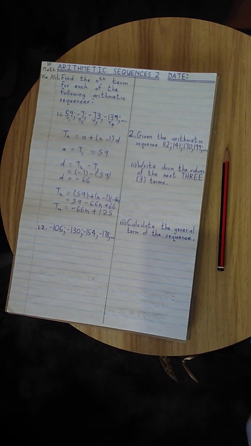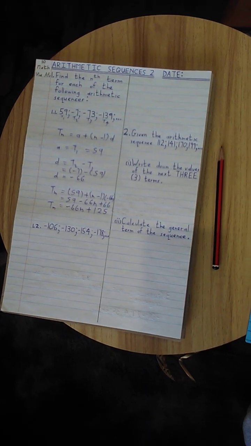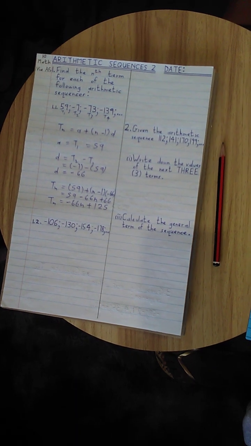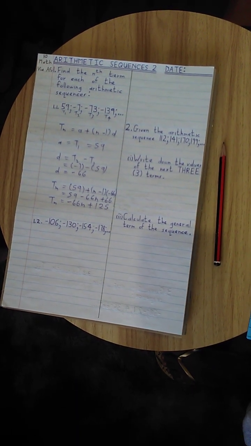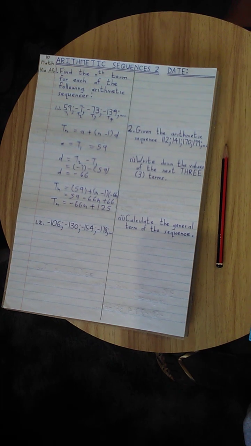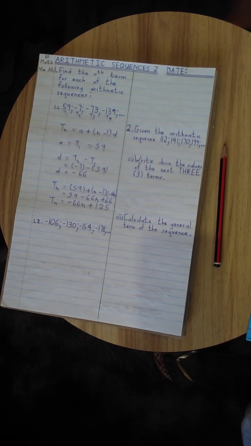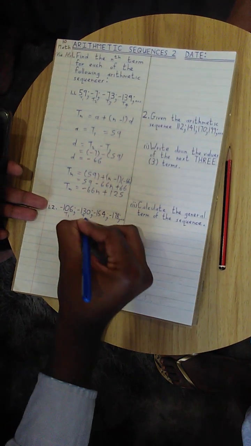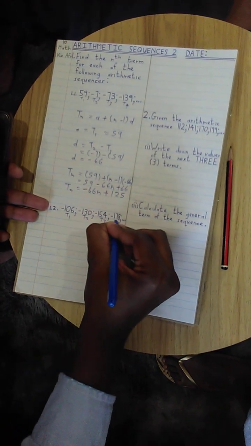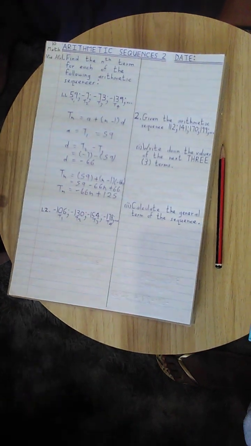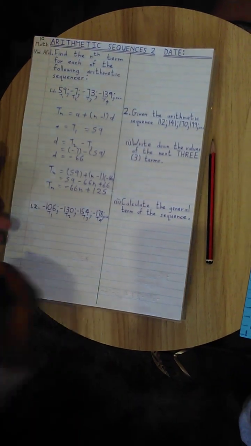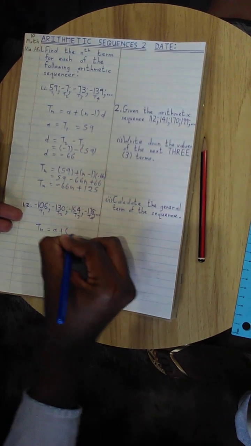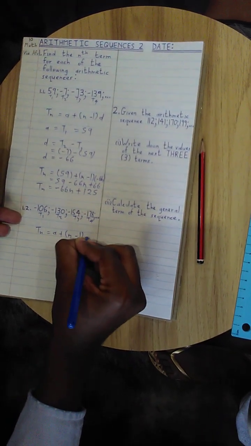Correct. Then 1.2, we are given the arithmetic sequence -106, followed by -130, followed by -154, and lastly -178. So as usual, you're just going to label T1, T2, T3, T4, right? Formula: Tn is equal to a plus n minus 1 d.